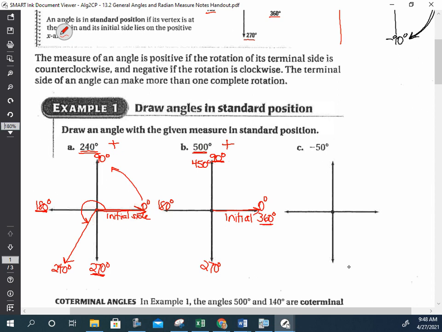Still not enough. 450 plus another 90 gives you 540. Now that's too big. So 500 degrees would be somewhere in there.